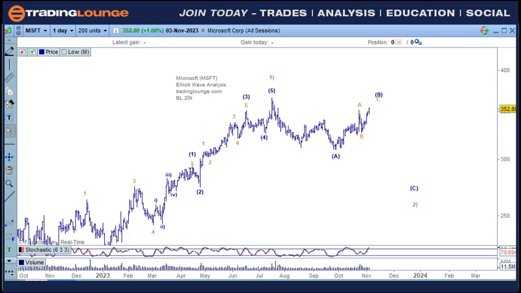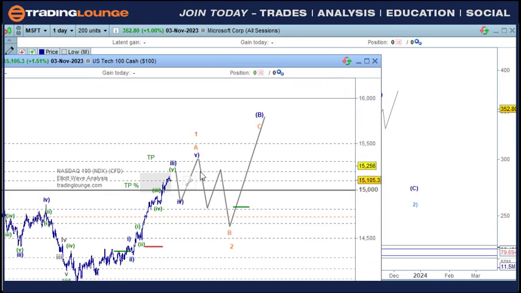But the thing is that the NASDAQ still needs to do this. Well, an ABC pattern for the NASDAQ, and then move up. So the NASDAQ's got to do this here, pull back and then go up here if we get the 5 waves up here, which is looking quite good.